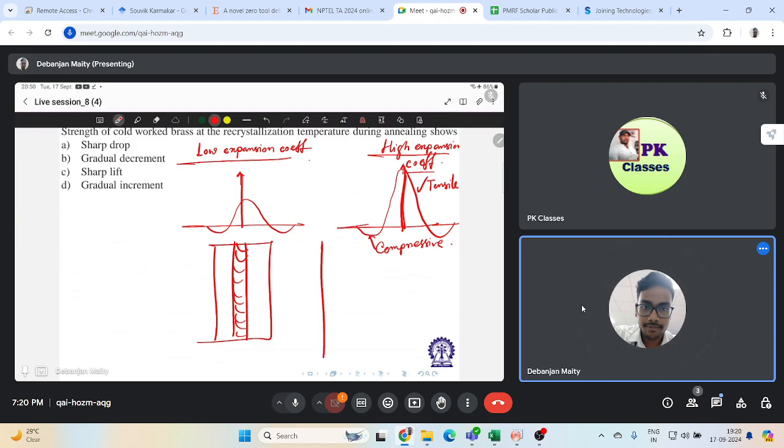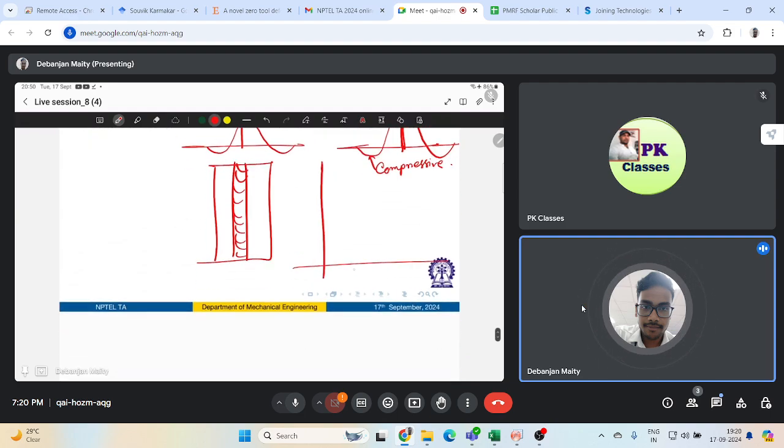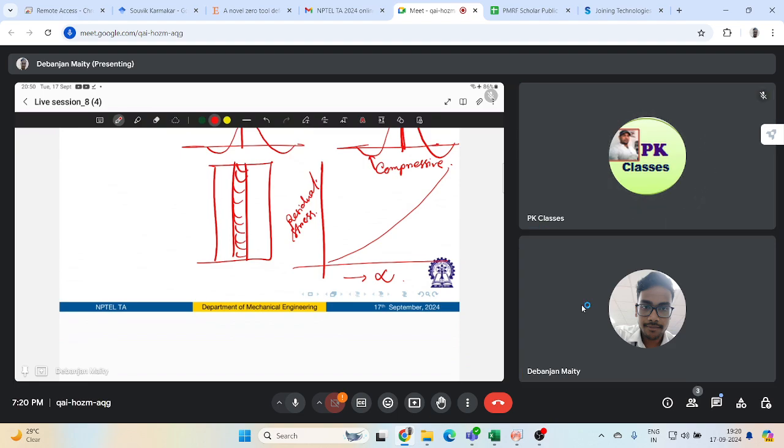And what will happen if you increase this alpha value? The residual stress will get increased. Any questions? No, sir. Okay.